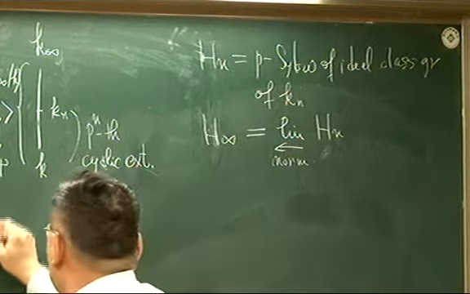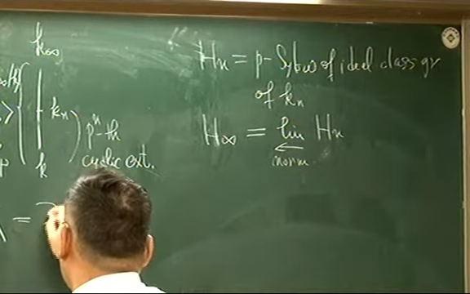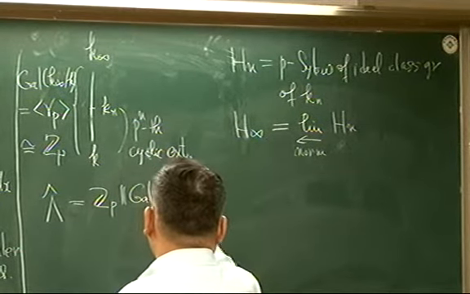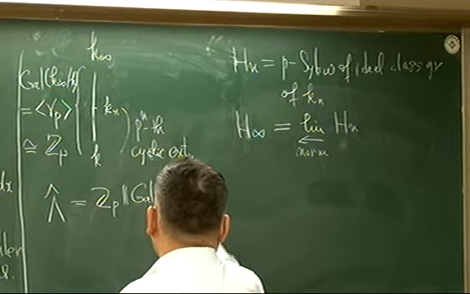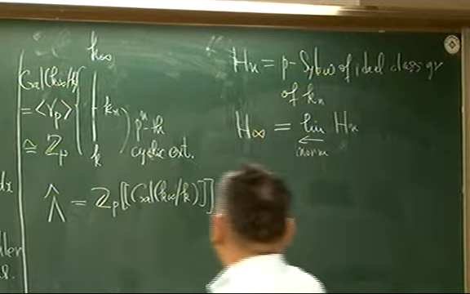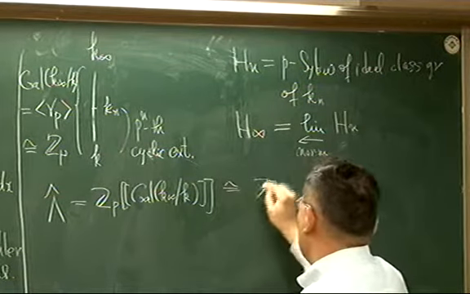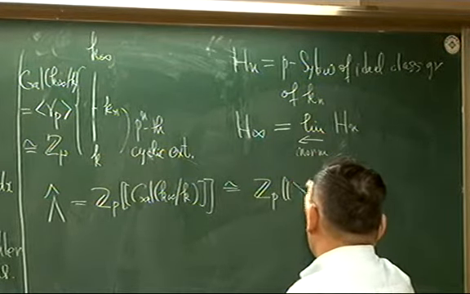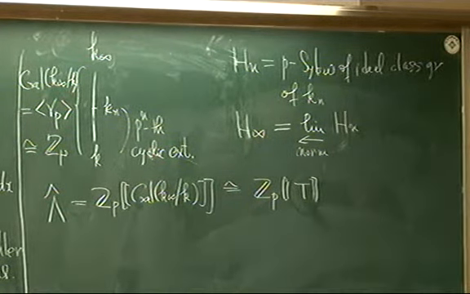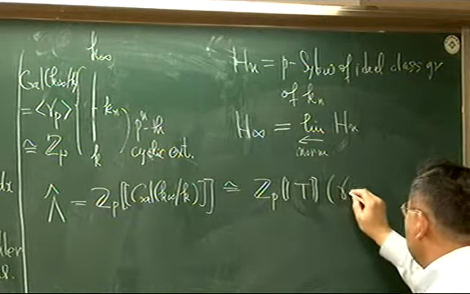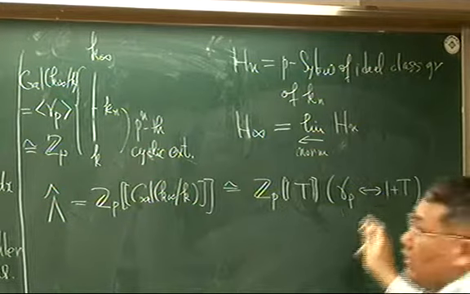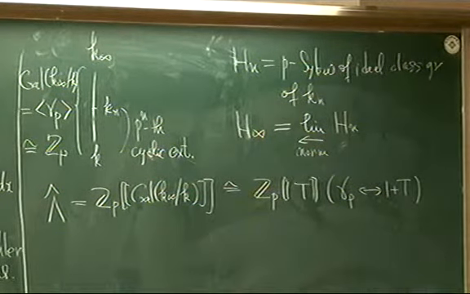Now, the completed group ring Lambda hat of the Galois group of the cyclotomic Z_p extension is identified with the formal power series ring over Z_p by identifying gamma_p with 1 plus T. Note that this is a little bit different, but this is a common thing.